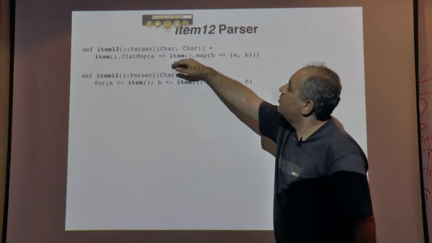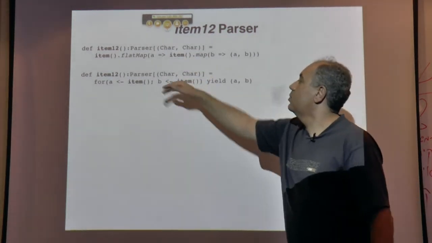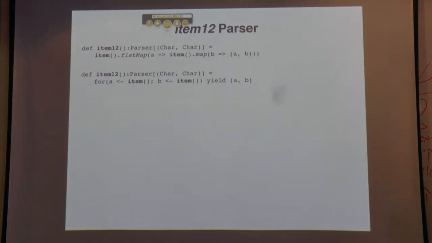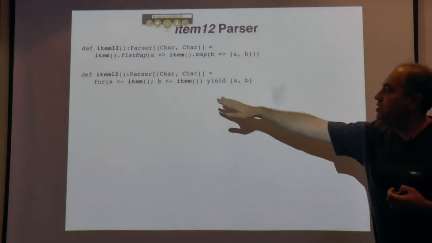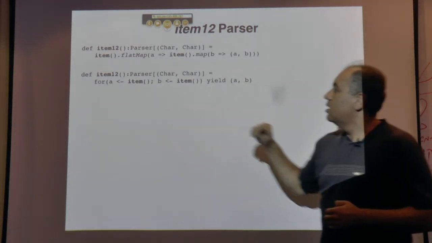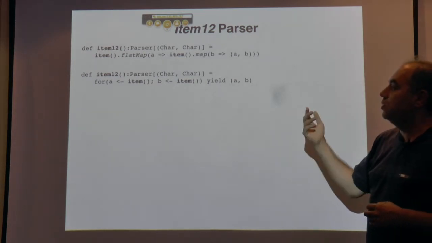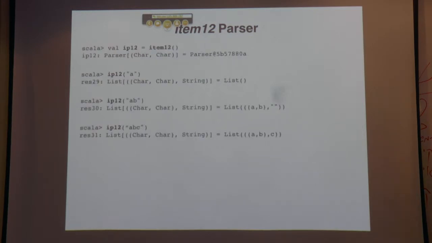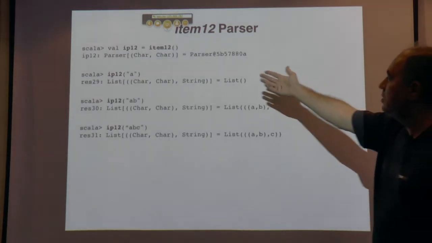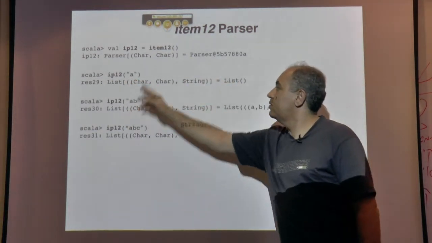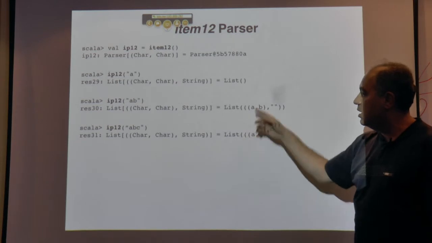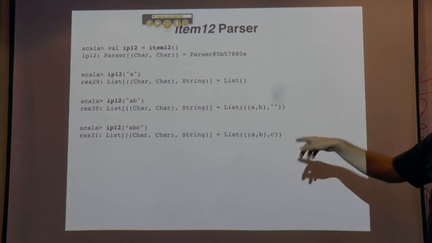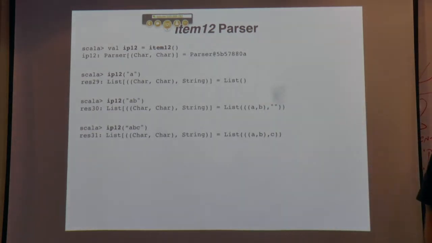And once I do that, I can rewrite my function with for comprehension, which looks nicer. So this is the function which consumes both the first and the second character of the input. If the input is just one character, it fails, and otherwise it returns a pair of the first and the second.